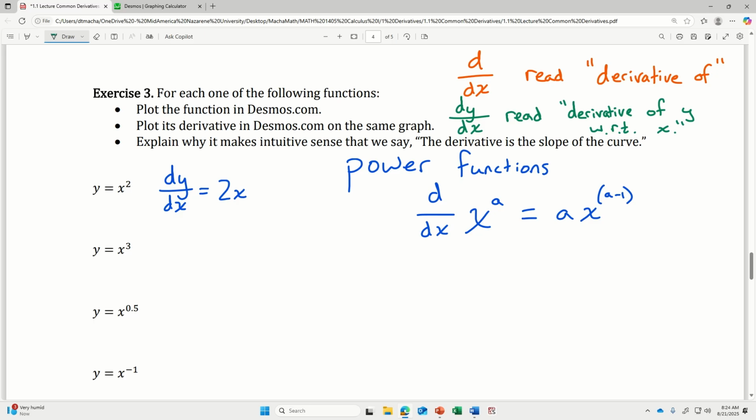And sorry for the shorthand, but if I say WRT, that means with respect to. So if I say the derivative of y with respect to x, that's referring to the little dy over dx notation. So in other words, if y is equal to x squared, then the derivative of y with respect to x is 2x.